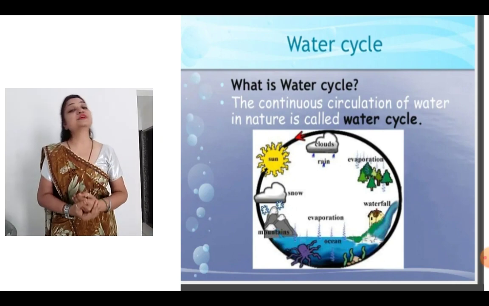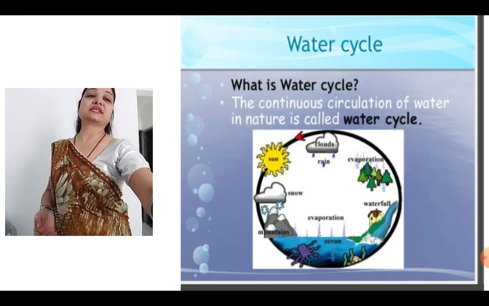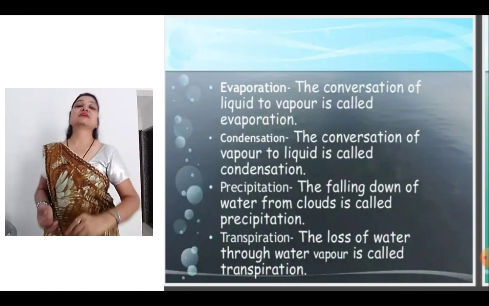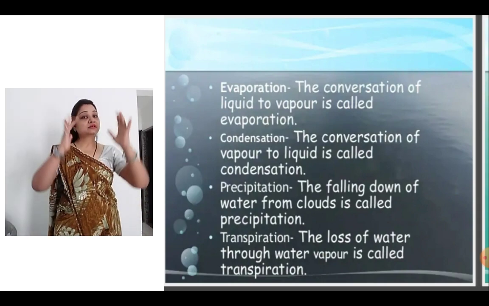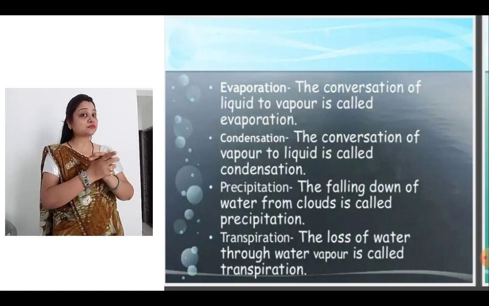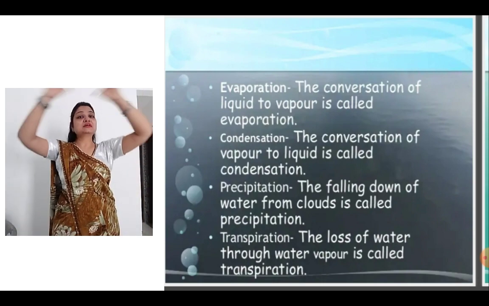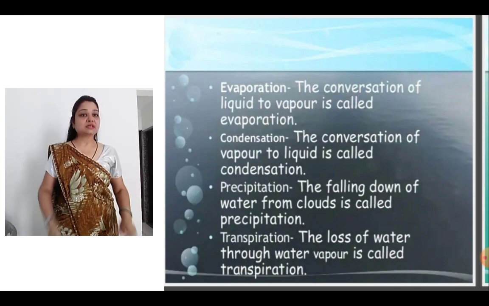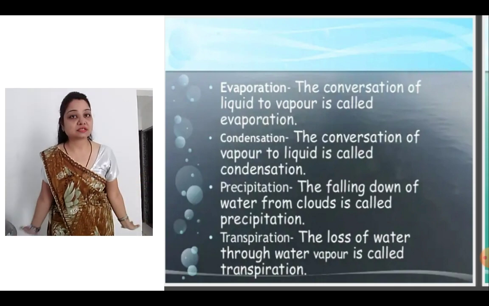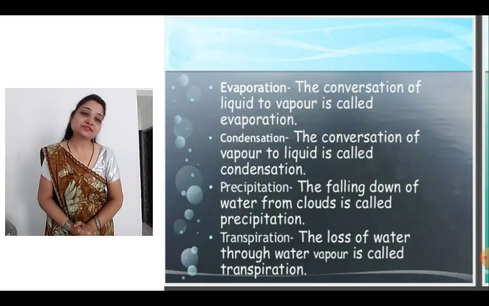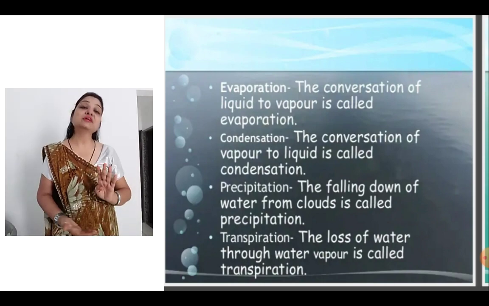Now there are four main processes involved in the water cycle. They are evaporation. See, students, learn in this way with the actions: evaporation, then condensation, then precipitation, and then collection. One more is helpful, that is transpiration, but mainly there are four.